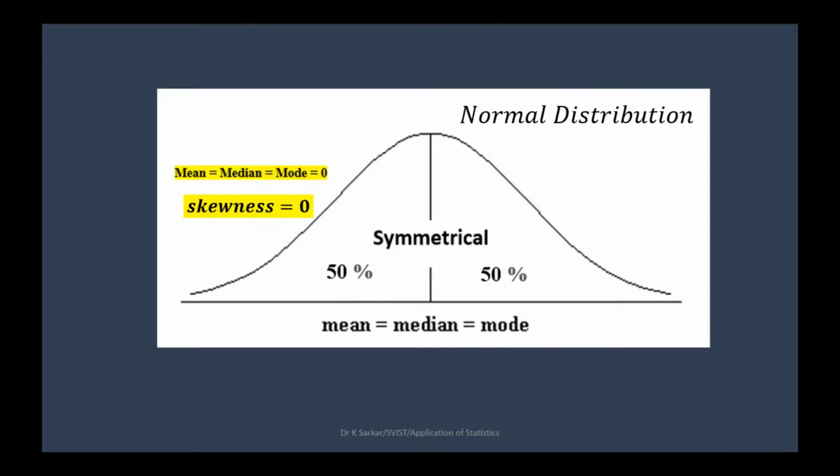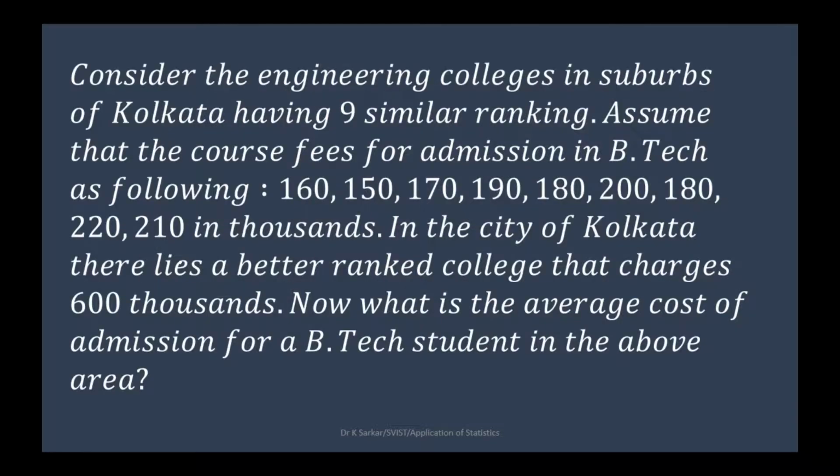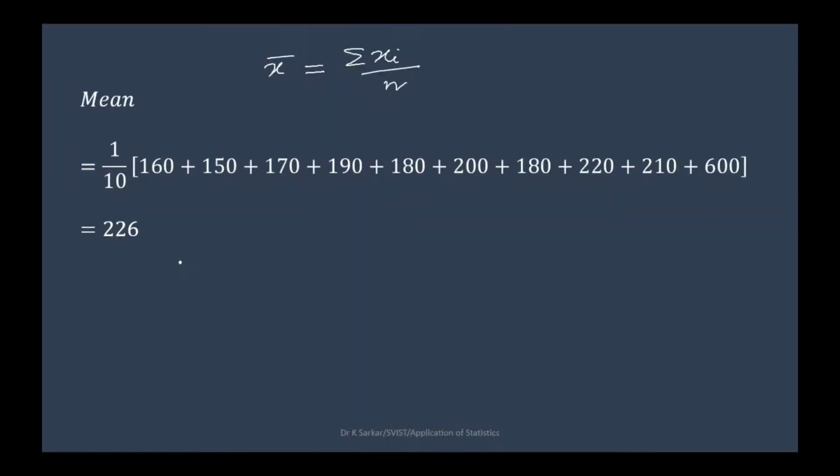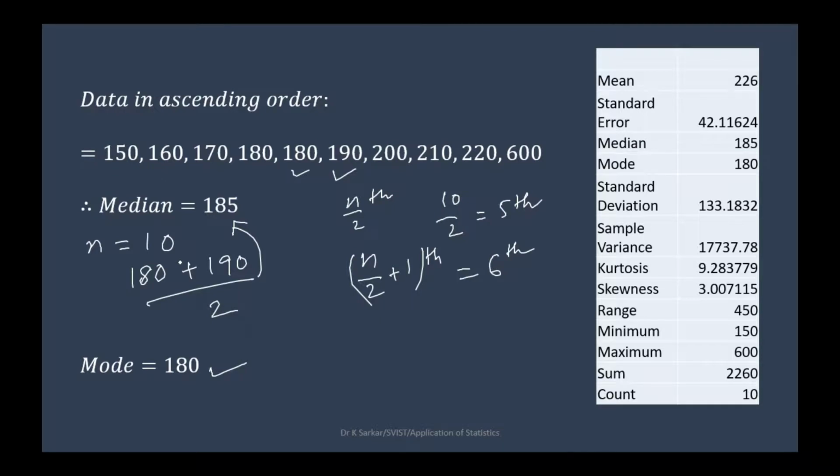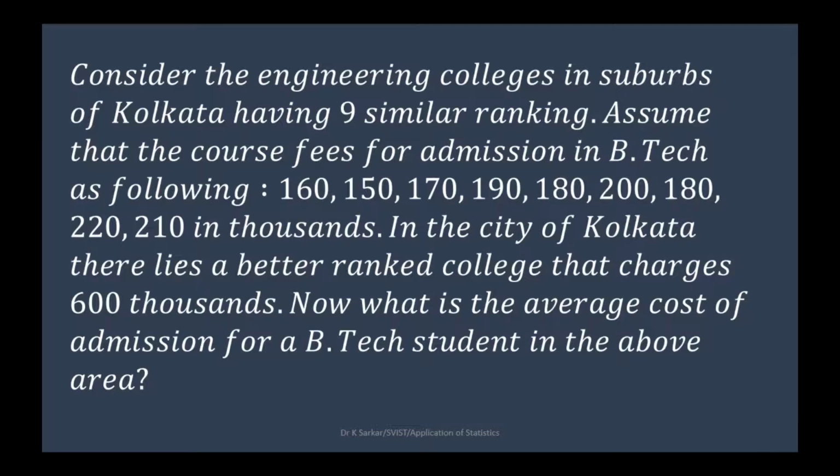So a normal distribution will have a skewness of 0. In the similar question we discussed in the previous two lectures, we found mean as 226, median as 185, mode as 180. In this question, let us find the skewness.